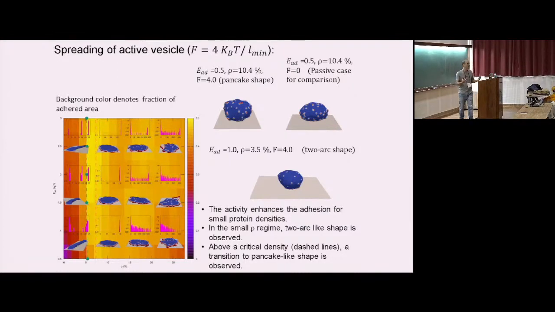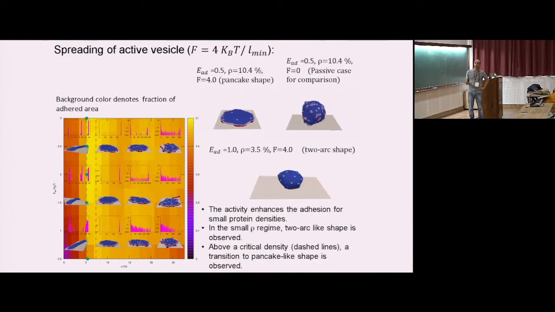The density, in order to spread very well with the passive proteins, needed to be very high, almost 20%. So as soon as you go to 10%, this effect is not very significant anymore. You see that there is some spreading, but it is not very efficient. And with the same low density of 10%, once the force is turned on, you can see that you form these very nicely spread out objects.